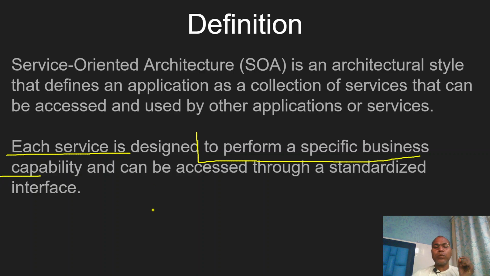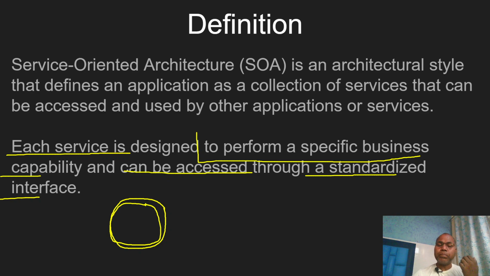Service means one service for a specific business entity, and it can be accessed through a standardized interface. A business capability might be payment processing, or it can be product management. These are different business capabilities.